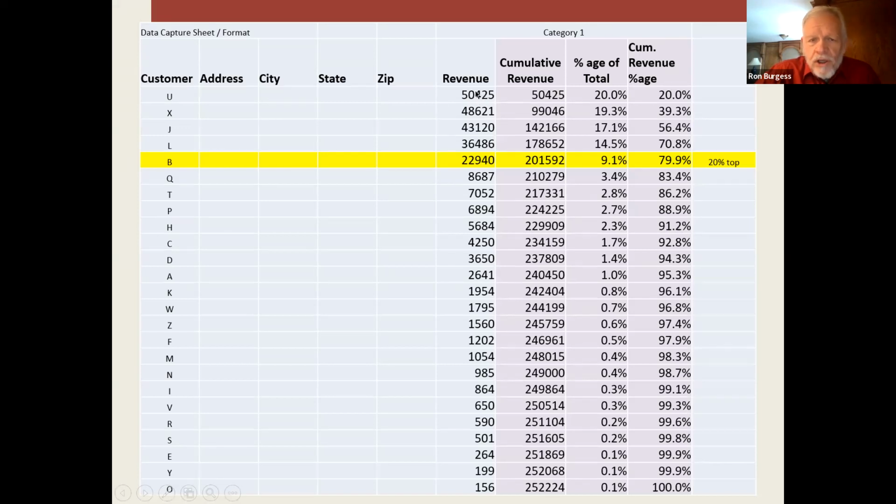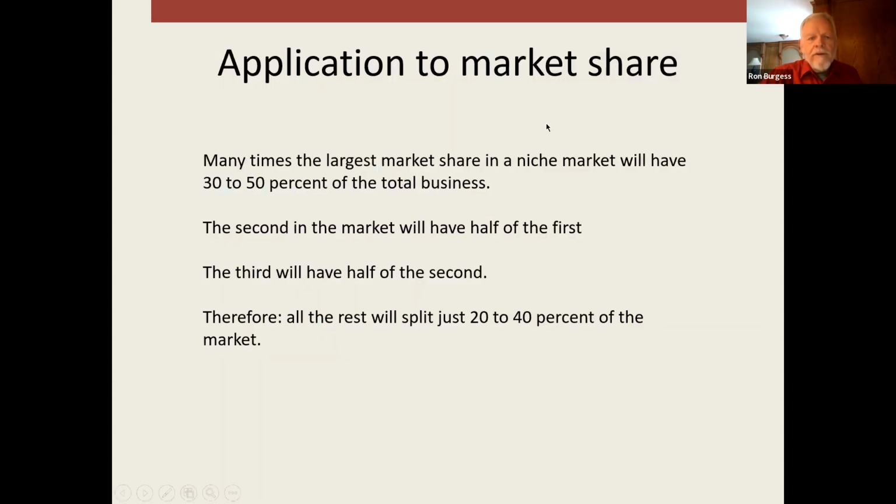In a spreadsheet, you just add one to the other, and you get down to a point where you go, okay, this is about 10%, and that's about 80% of the revenue. So it's easy to do with a cumulative sum as you go down through all of your customers. I just want to mention that's possible, but just a practical thing that I'm going to leave you with, and we're going to get back into some more theoretical stuff here.